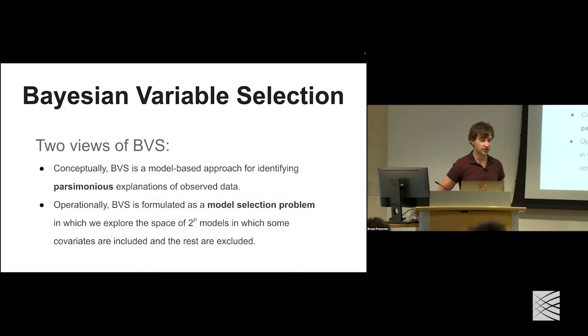And conceptually, you can think of it as a model-based approach that's looking for parsimonious solutions, right? So here parsimonious means that, if I have, let's say, millions of covariates, maybe I want to find solutions that only make use of 10 or 20 or 30 of those covariates, and the coefficients for the other covariates are set equal to 0.